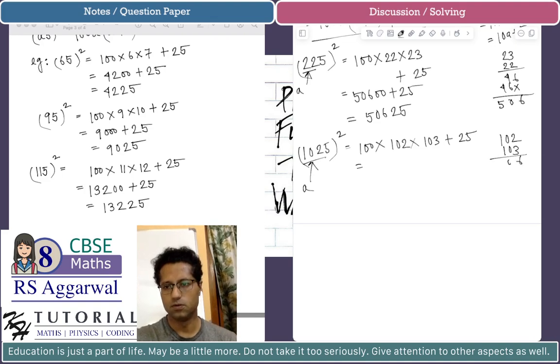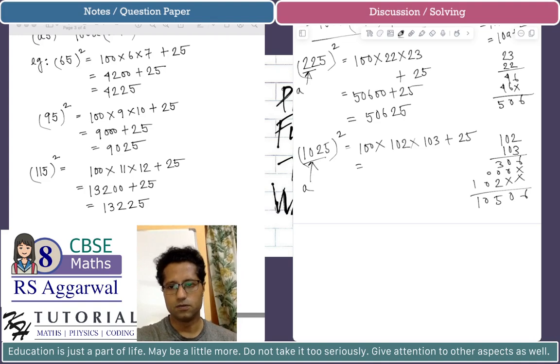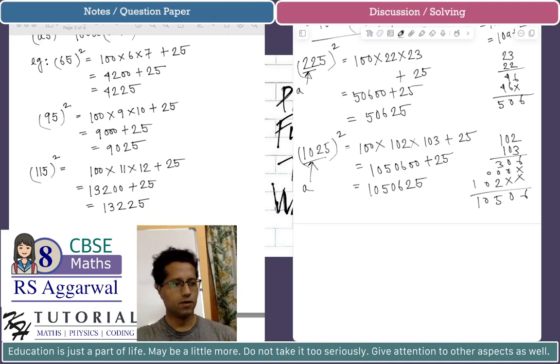This is 10506. So we have 1050600 plus 25, and this is equal to 1050625. So let me quickly check if the answer is correct or not. 1025 multiplied by 1025 is equal to 1050625.